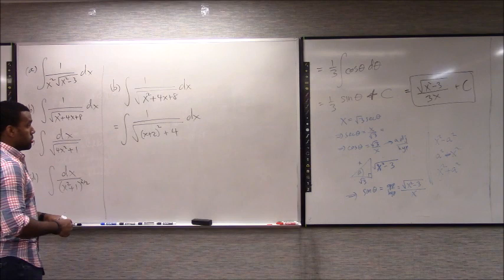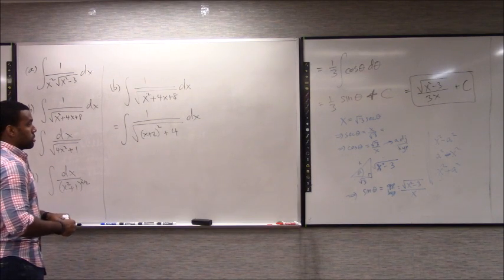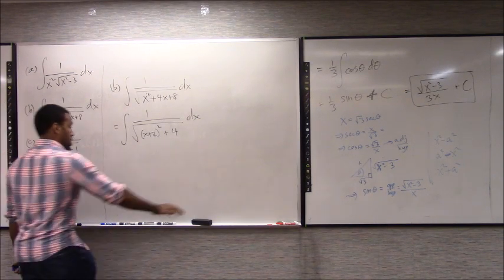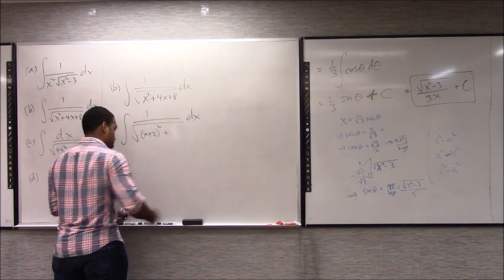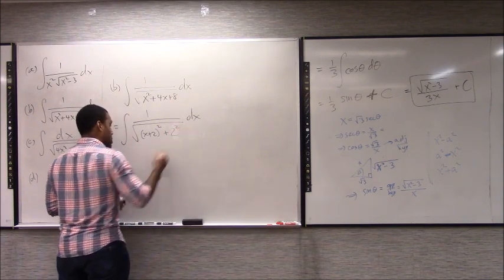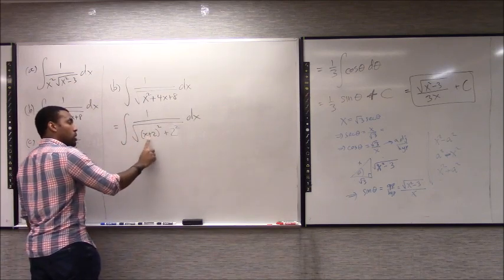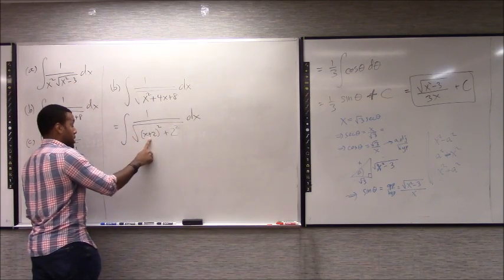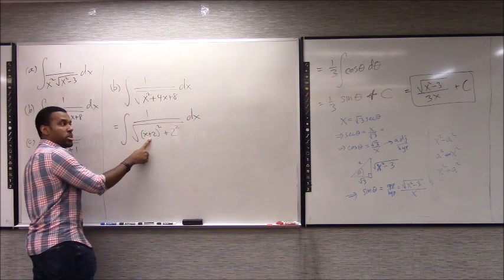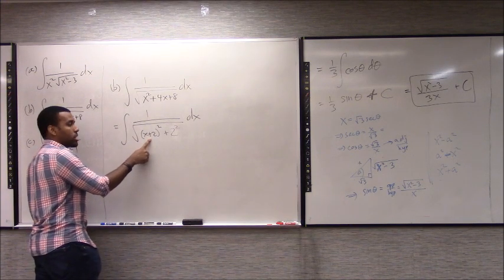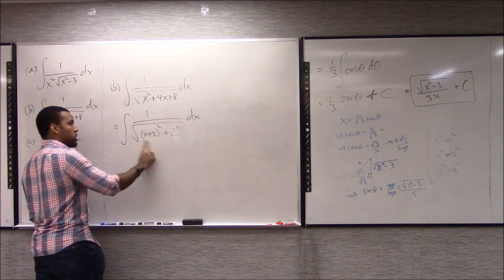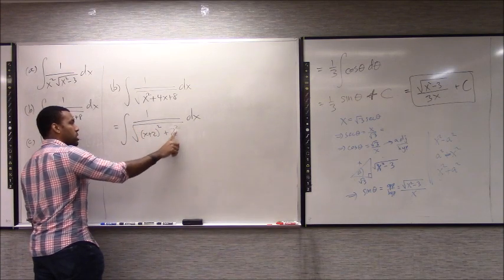Yeah, you can set x plus 2 equal to 2 tan theta, because the 4 we can think of as 2 squared. This example was meant to show you that you don't have to literally have x. Just something that's a variable and changing, squared, plus a constant squared.